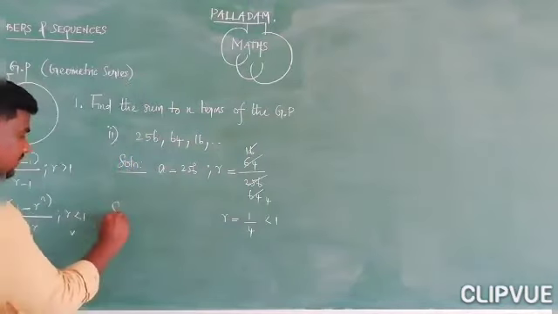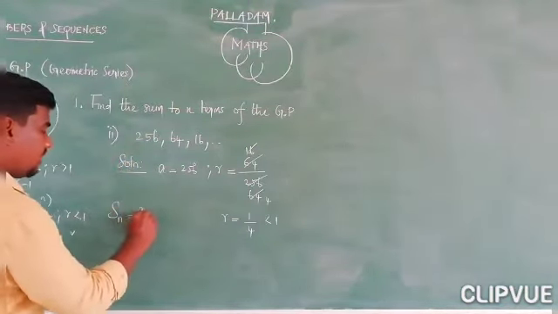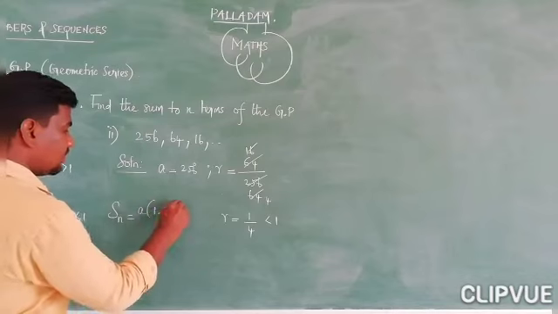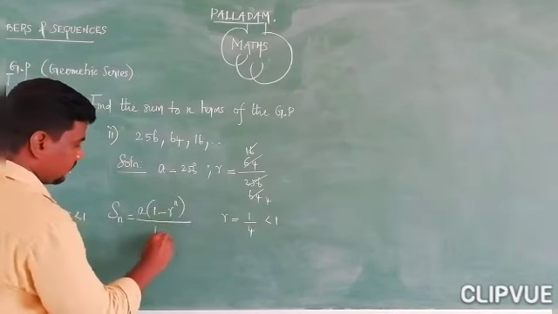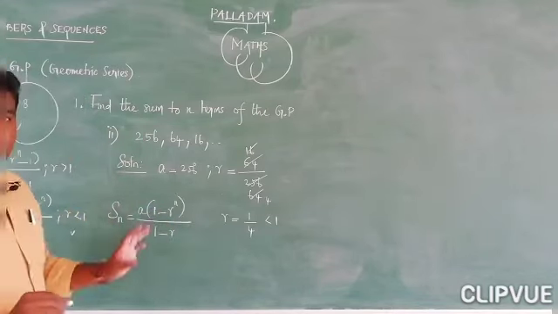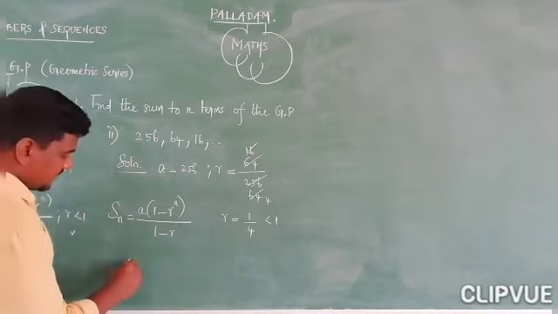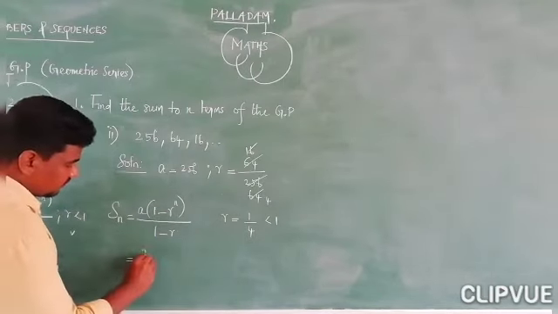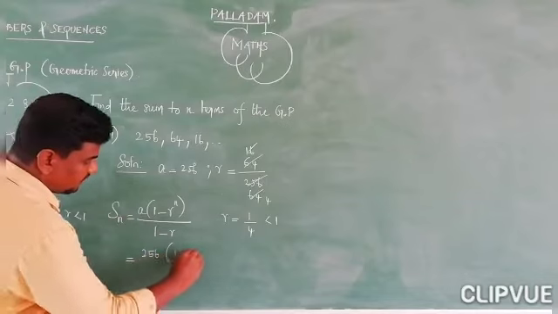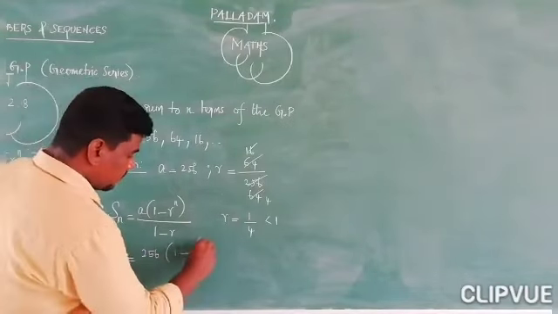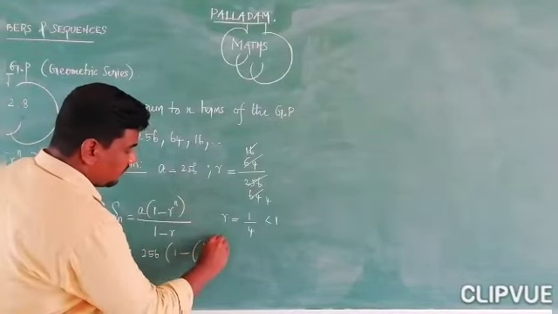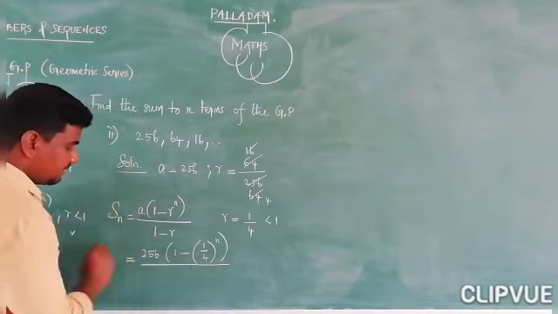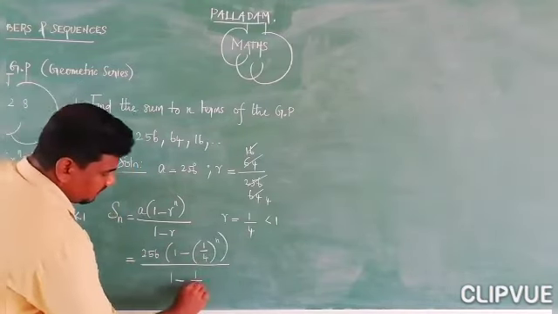So you can take the formula Sn equals a of 1 minus r power n divided by 1 minus r, since r is less than 1. So substitute their values. a equals 256 into 1 minus, what is r? 1 by 4 whole power n, whole divided by 1 minus 1 by 4.